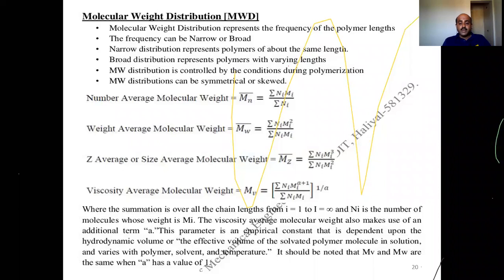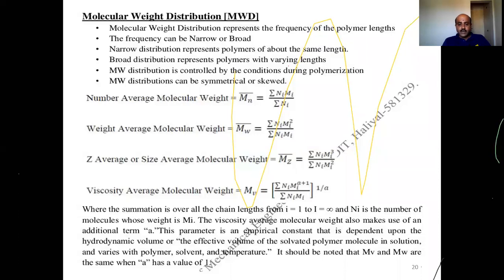The empirical constant value has been given based on a number of experimental works, and in that formula we have one constant called a, which we call an empirical constant.